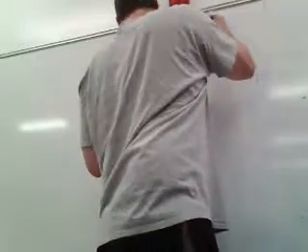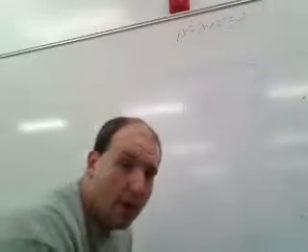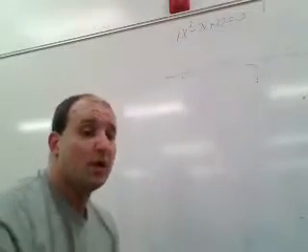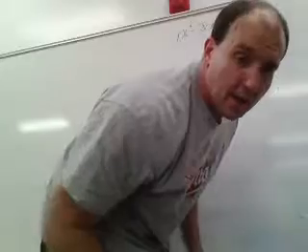X to the second power minus 7x plus 10 equals 0. So that's a 1. That's a 1. So that's three terms. So there's two answers that I'm trying to figure out.